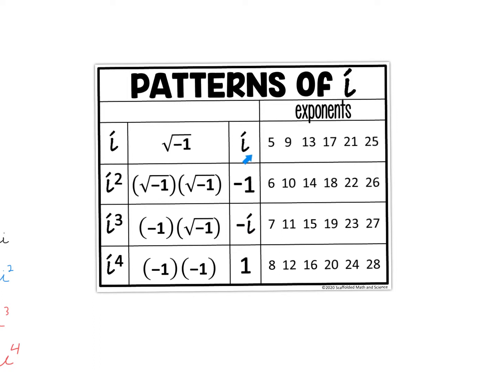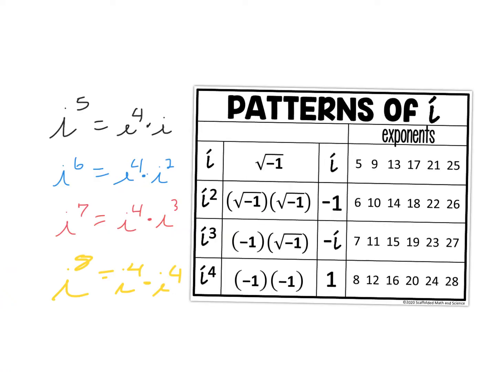Now let's consider these exponents, and I'm going to explain those here in a second. You'll notice that these exponents are 5, 9, 13, 17. We're adding 4 every time. The reason is because i to the 4 equals 1. So let me show you how i to the 4th equals 1 applies to our exponents.